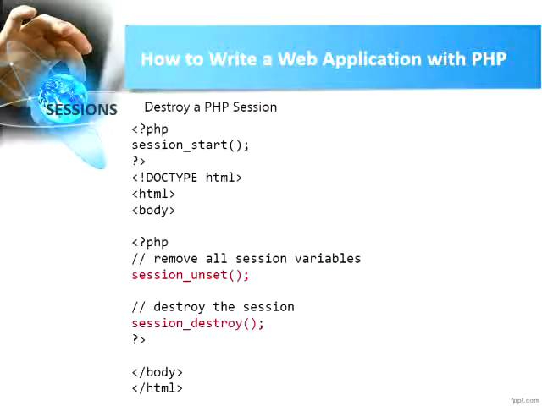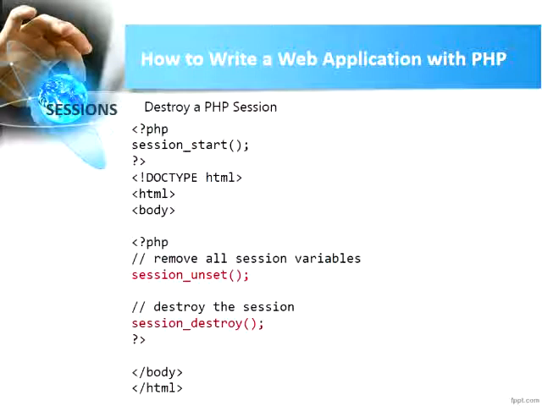If we want to destroy a PHP session, to remove all session variables without removing or destroying the session, we write session_unset. And if we want to destroy all the session, we write session_destroy.